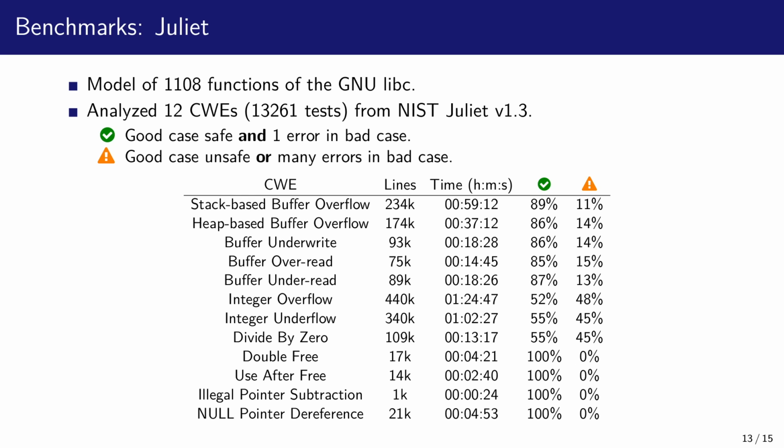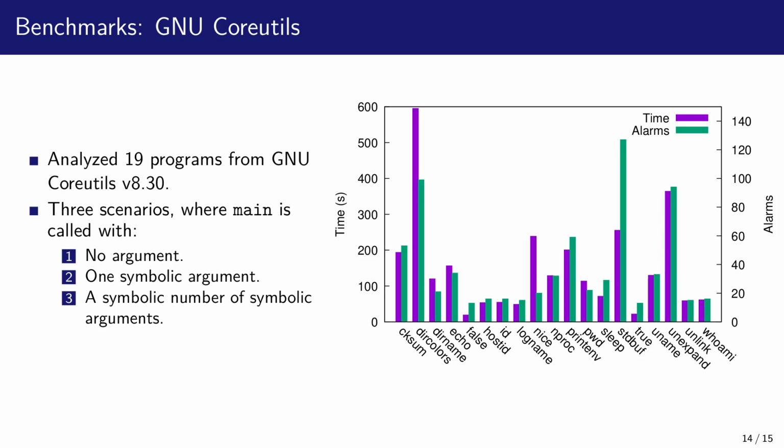So as you can see here, in many cases we are precise. However, we have some issues with mainly integer overflows tests because the domains are not very precise, so they need to be refined in order to improve the analysis precision.